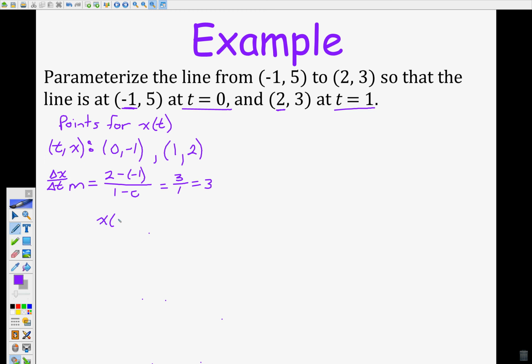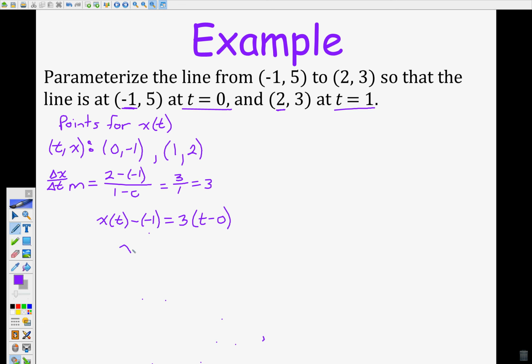So I have x of t minus -1 is equal to my slope, which is 3, times t minus 0. Remember, the x of t is like my y values.